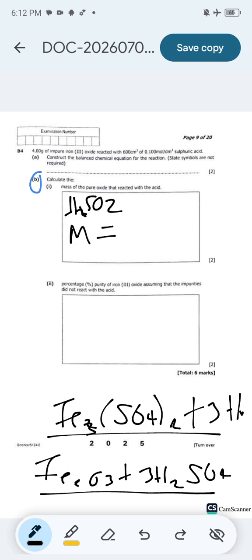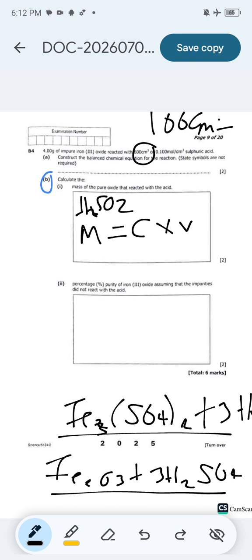Moles is equal to concentration times volume. We've been given the concentration and volume, except that the volume is in 600 centimeters cubed. Now in stoichiometry, we always want the volume in decimeters cubed. So we say 1000 centimeters cubed is equal to 1 decimeter cubed.